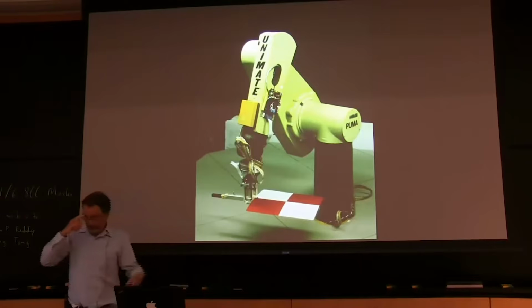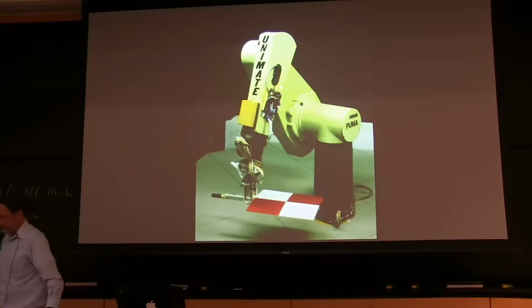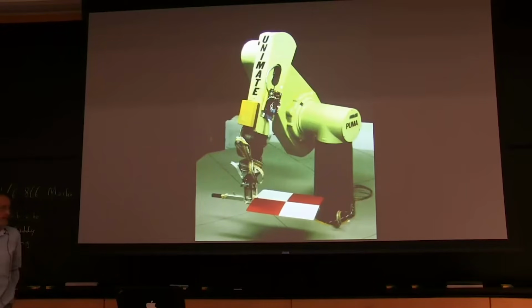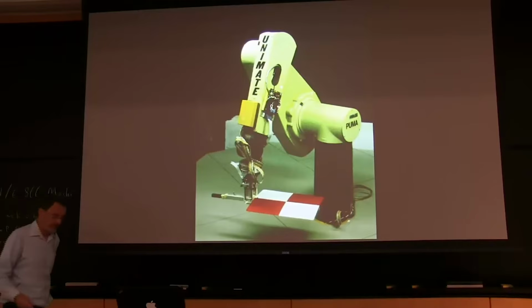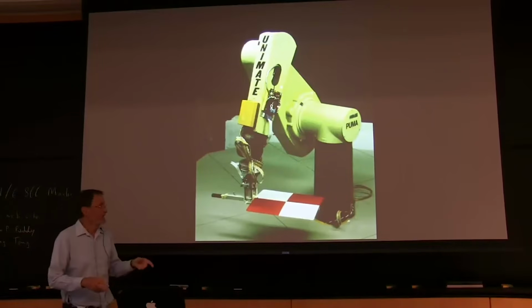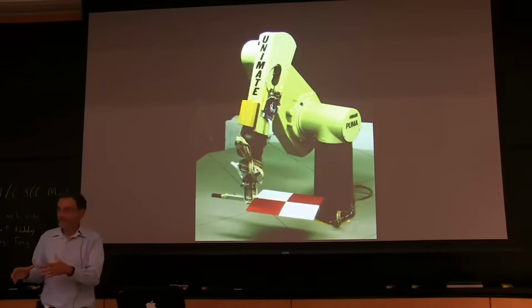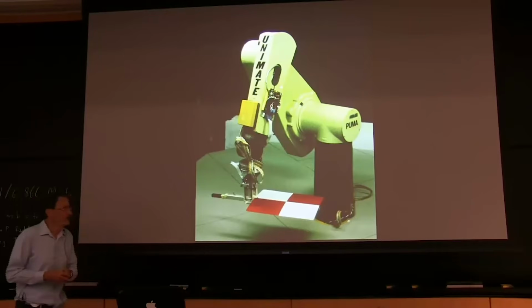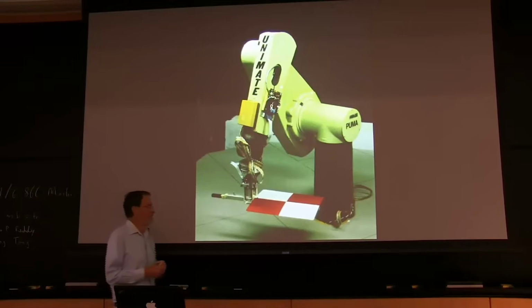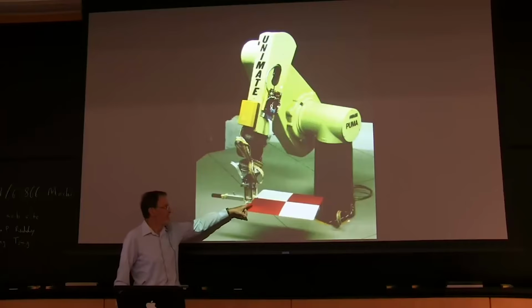And I show this because another calibration I left out was what I previously mentioned, the relationship between the robot coordinate system and the vision system coordinate system. And one way of dealing with that is to have the robot carry around something that's easy to see and accurately locatable.